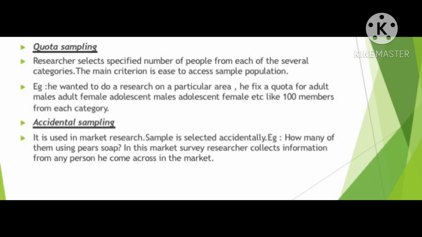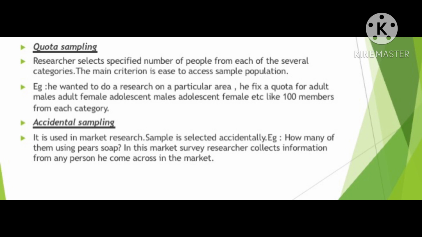quota sampling. Here we are deciding some quota. For example, earlier we said that in stratified random sampling we make the population into different strata, then select randomly. In quota sampling also we divide the entire population into different strata, and from each stratum we give some quota.